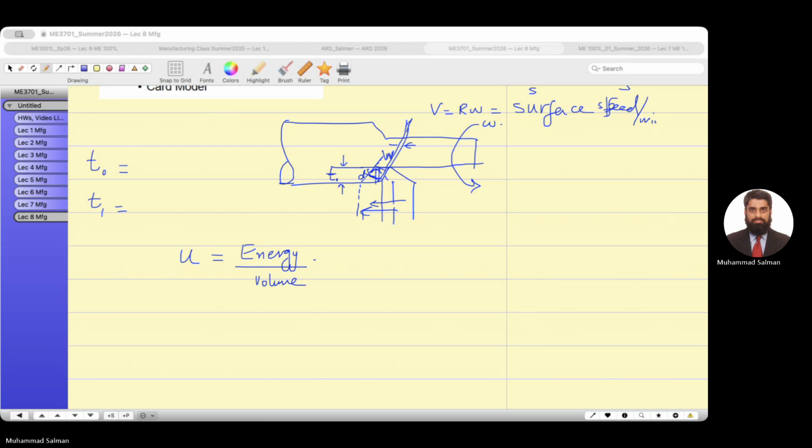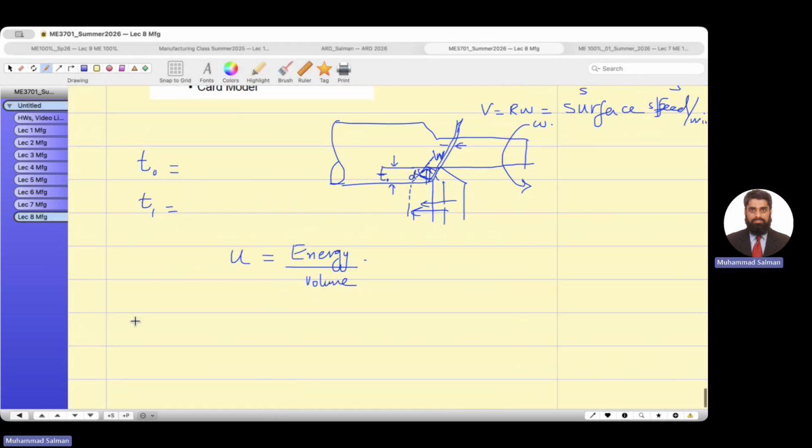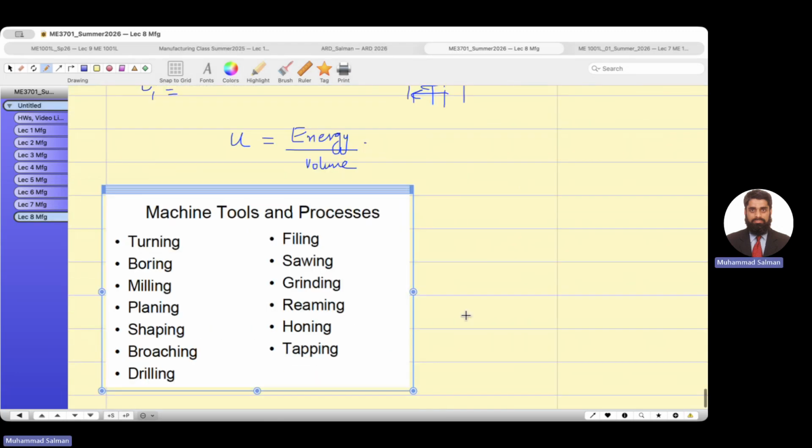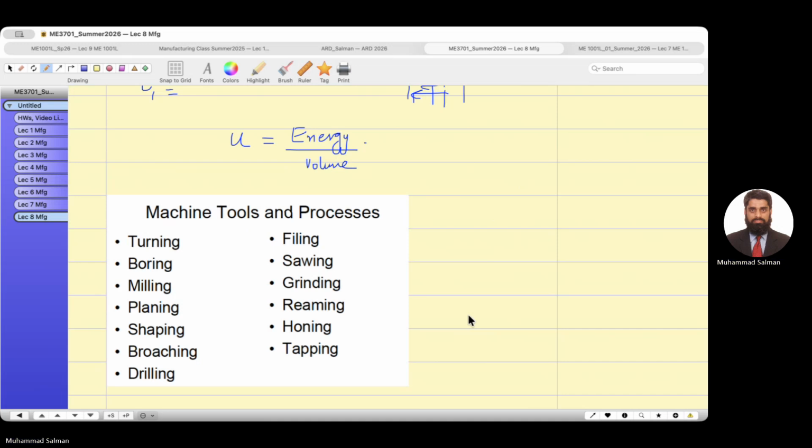Okay. And you will be doing some of the operations. If you can do more than 5 operations on the part which you will decide, then I will give you 100 out of 100 for this project. Turning, boring, milling, planing, shaping, broaching, filing.